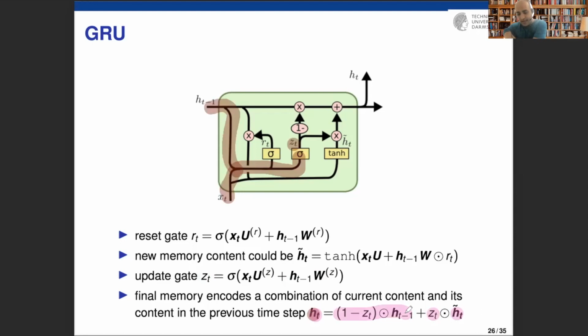In terms of language, let's say you are processing a sequence and you see some articles like the, a, or something like this, that usually happen a lot in a text. Maybe for these, we do not need to update the content of the memory, right?